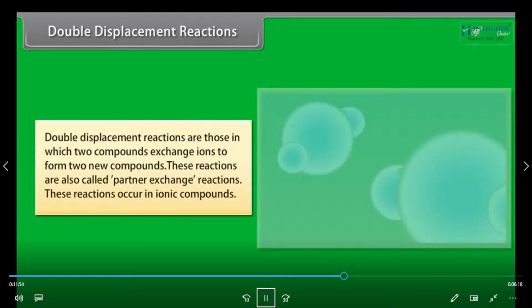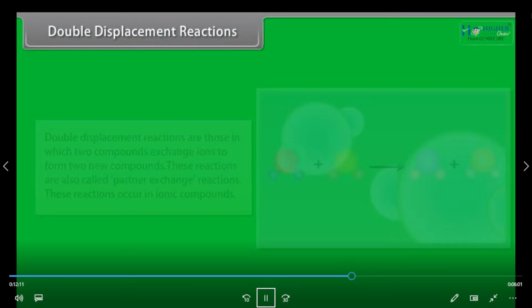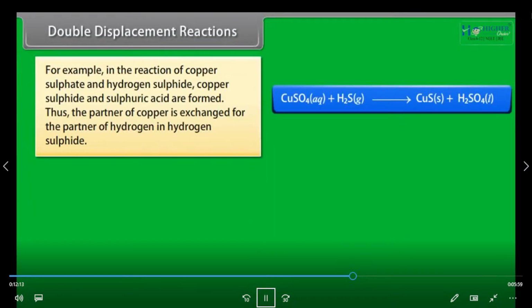Double displacement reactions. Double displacement reactions are those in which two compounds exchange ions to form two new compounds. These reactions are also called partner exchange reactions. These reactions occur in ionic compounds. For example, in the reaction of copper sulfate and hydrogen sulfide, copper sulfide and sulfuric acid are formed.